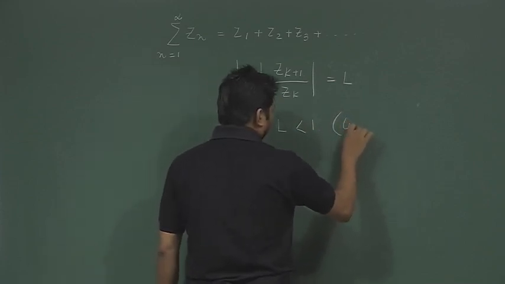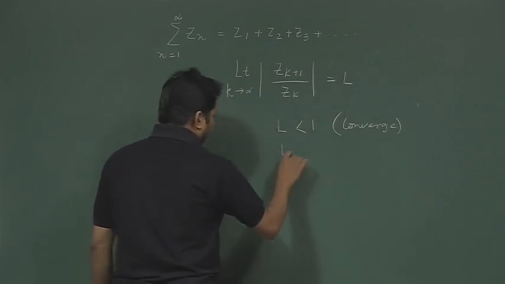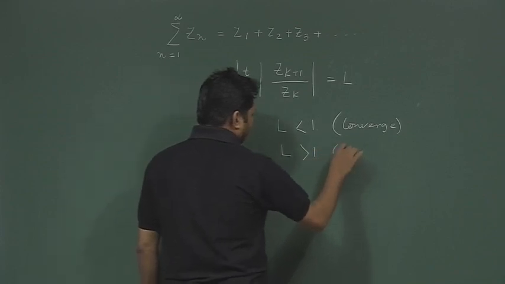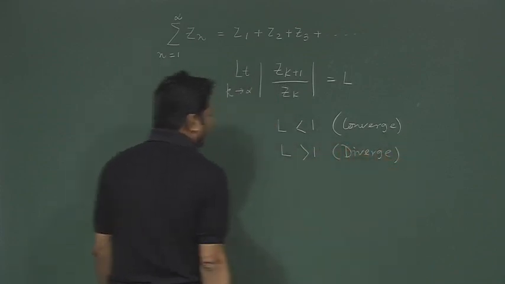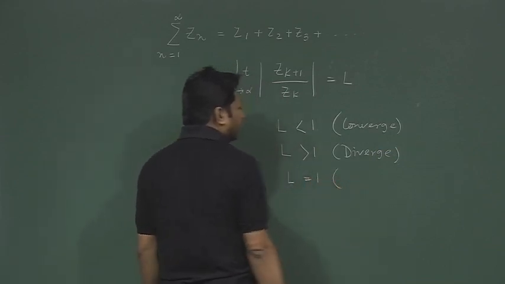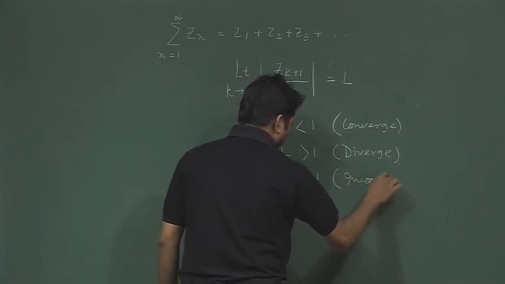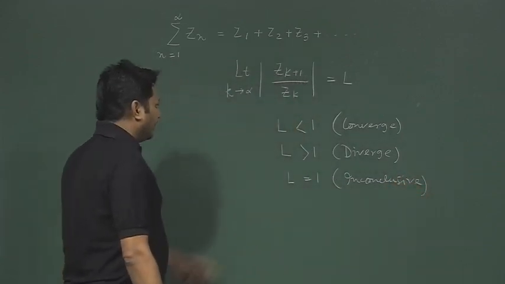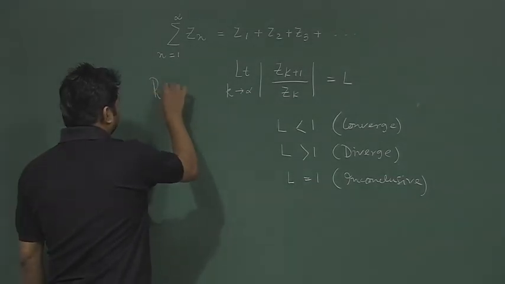If L is greater than 1, then it will diverge, and if L is equal to 1, then there is no conclusion, it is inconclusive. This is called the ratio test.